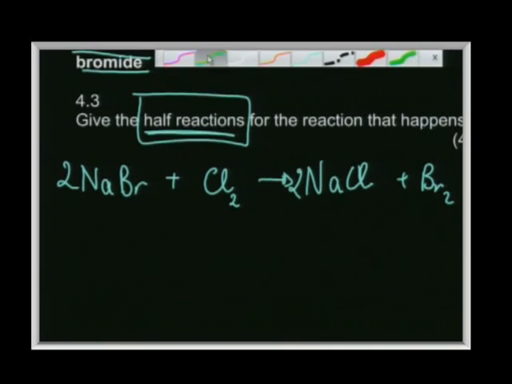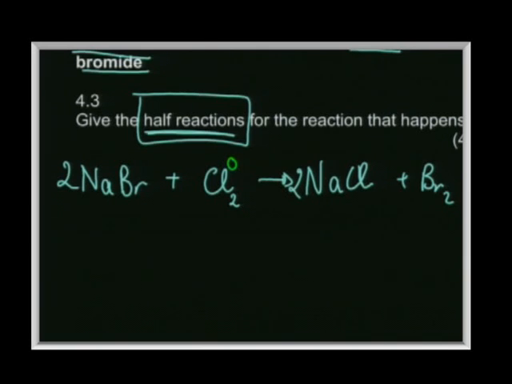Now they want us to look at the half reactions, and those are your oxidation and your reduction half reactions. Just to quickly help us determine which one is oxidation and which one is reduction, if you look over here, your chlorine gas originally had a 0 oxidation number. Now chlorine and bromine are both group 7 elements.